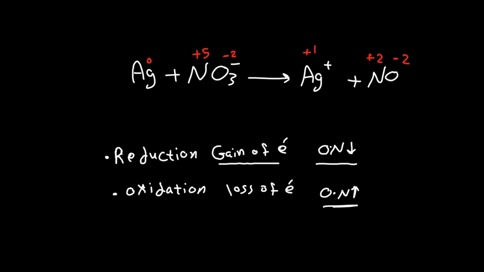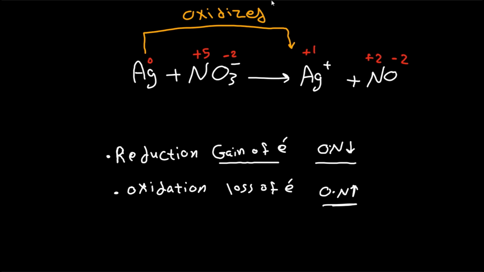Now in the equation, let's see which of these elements is oxidized and which is reduced. As you can see, Ag was 0 and it became +1, so it lost an electron. So Ag is oxidized. Now let's look at the nitrogen.